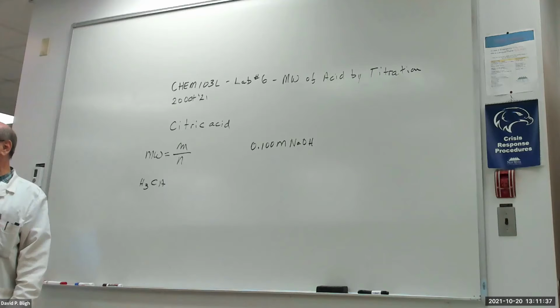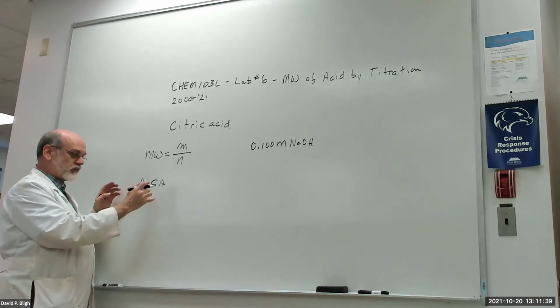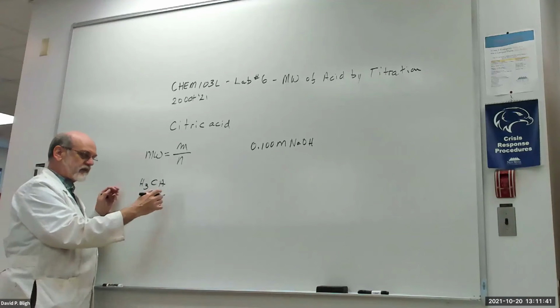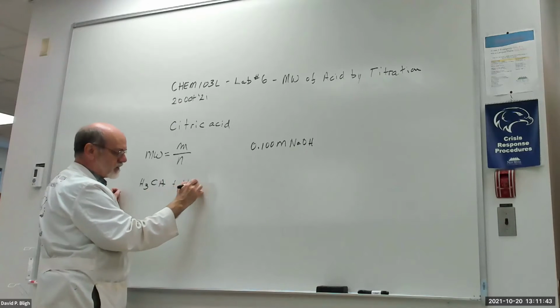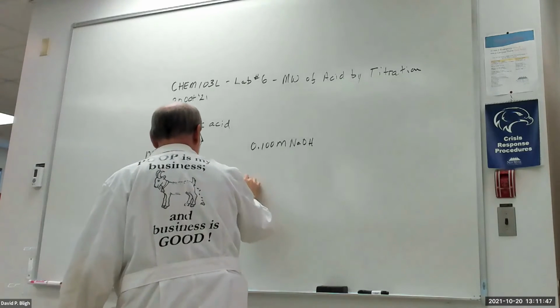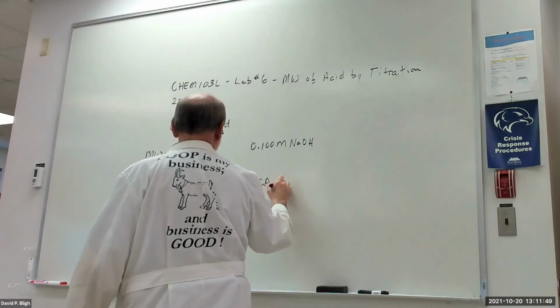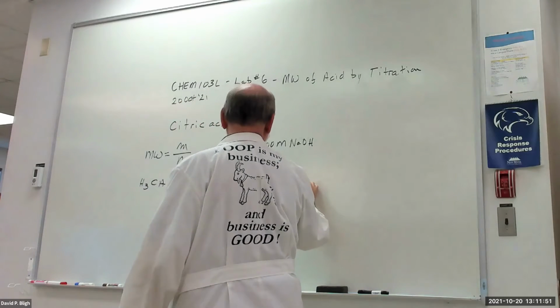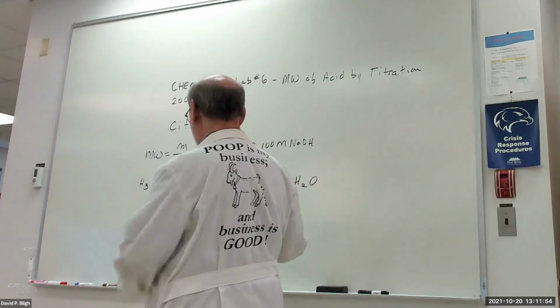Okay, so our acid-base reaction would be acid plus base yields sodium with citric acid plus water. Okay, and we'll balance our equation.